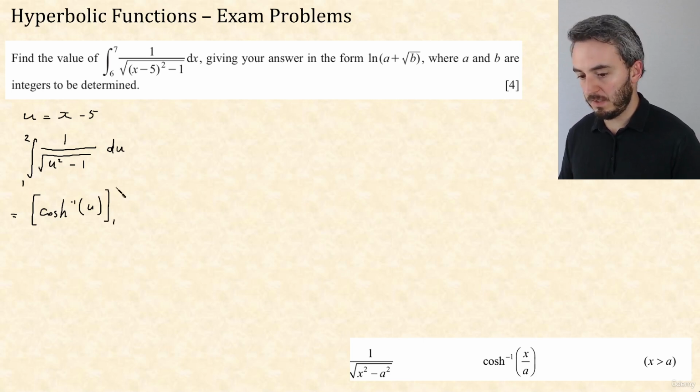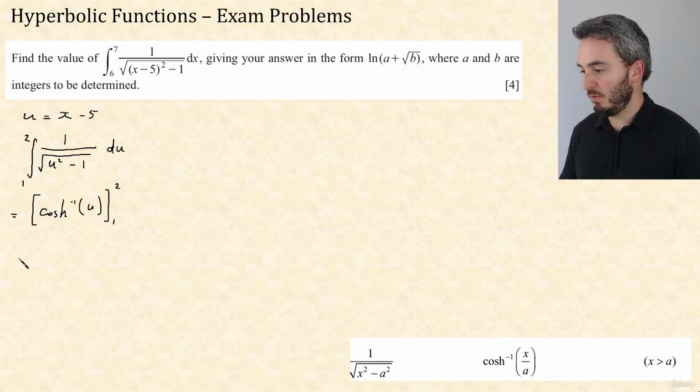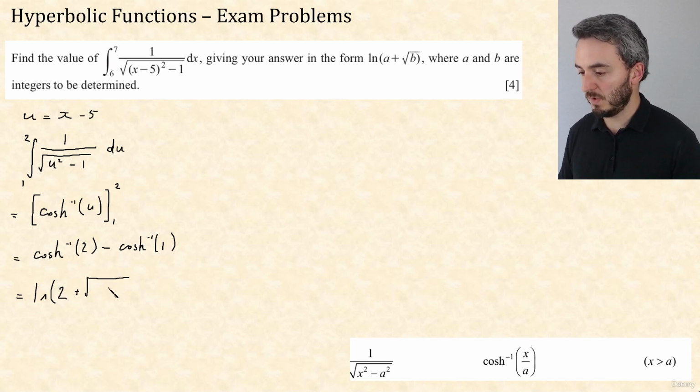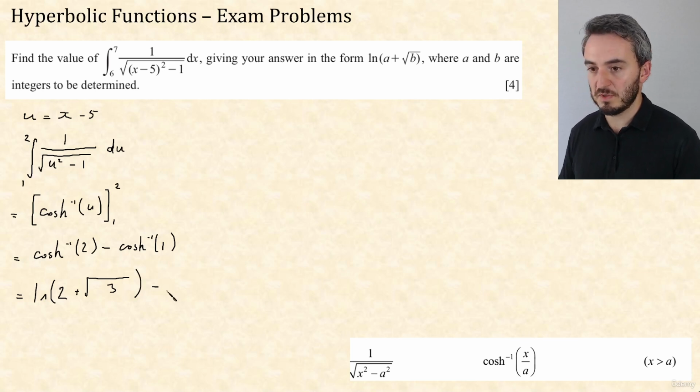So the integral of this is just arcosh, or cosh inverse of u, and our limits here are 1 and 2. So we end up with arcosh 2 minus arcosh 1. Arcosh is ln of x plus root x squared minus 1, so 2 squared minus 1 is 3, minus inverse cosh of 1, which is just good to know, that is just 0.